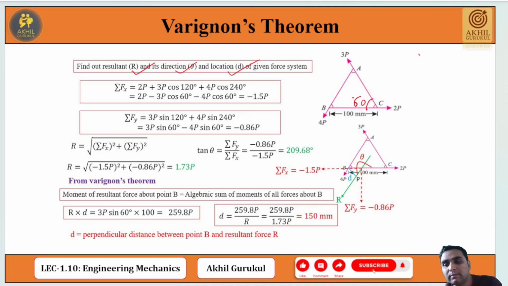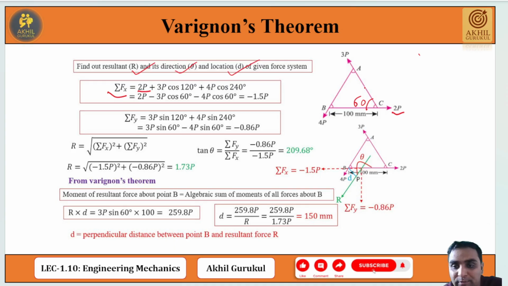So here some forces are along the axis, some forces are inclined from the axis. So we have to resolve the inclined forces into components in x direction and y direction. Then we sum all the components and calculate the algebraic summation of sigma Fx and sigma Fy. So here sigma Fx equal to, one force is acting in positive x direction, so it is 2P.